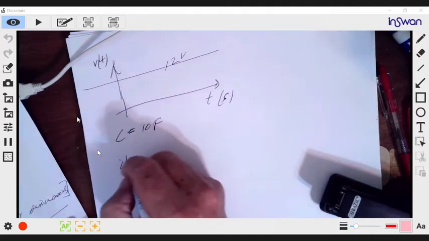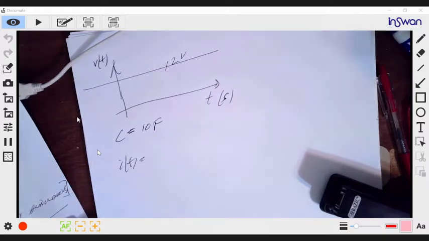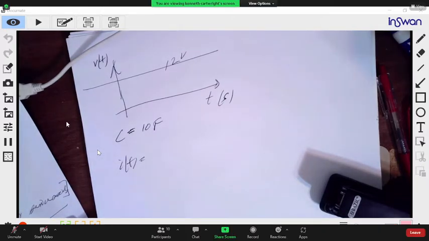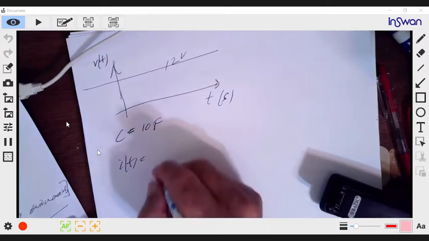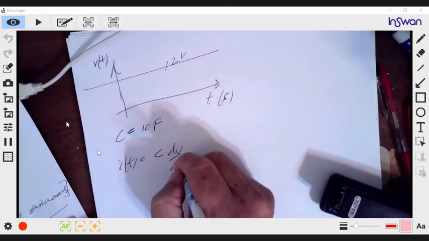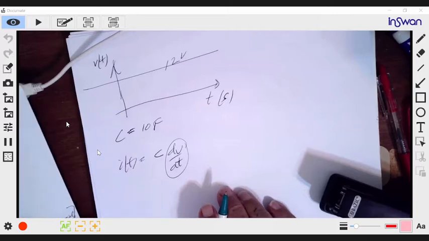What's I of T equal to? I of T equals C dV/dt. How quickly is the voltage changing?